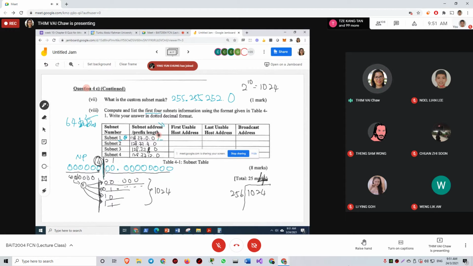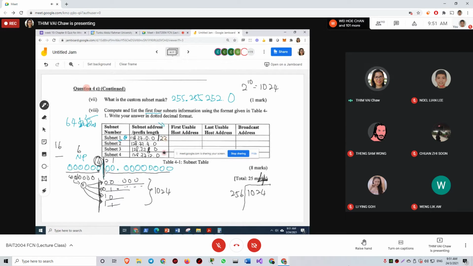And the prefix length is all the same because in front you have 16 bits. Now 16 bits for the network portion, and now you have added another 6 bits from the host portion to the network portion. That means 16 plus 6 will be 22.